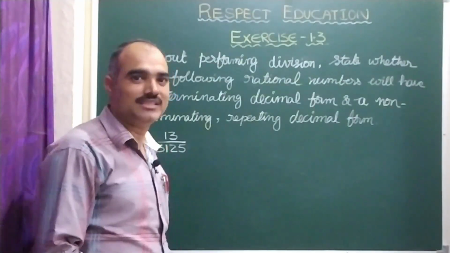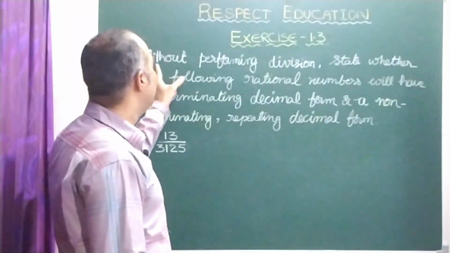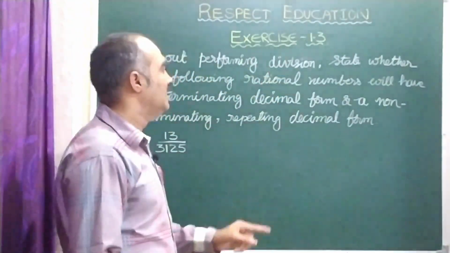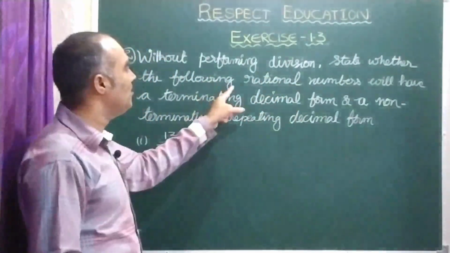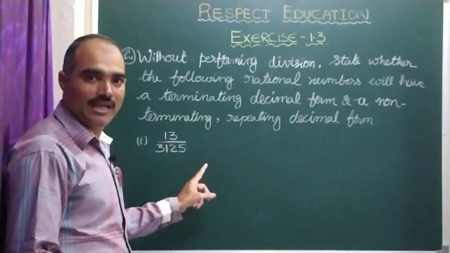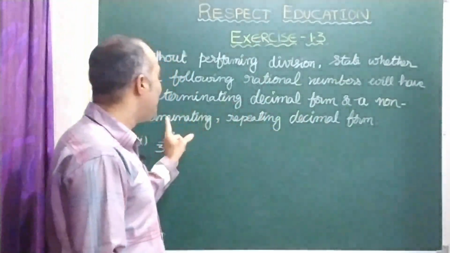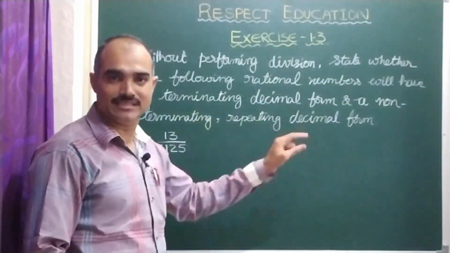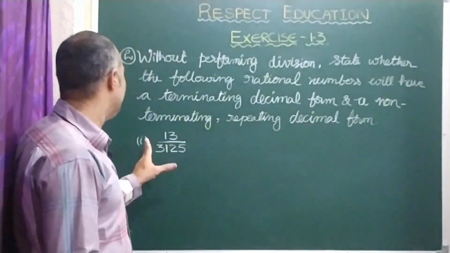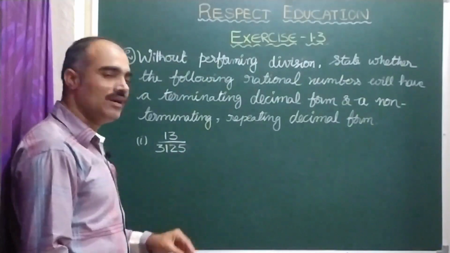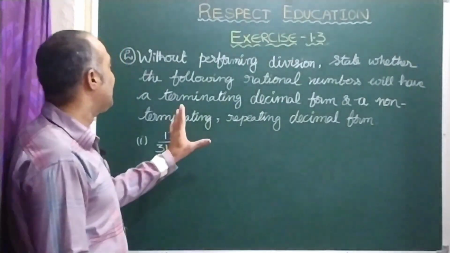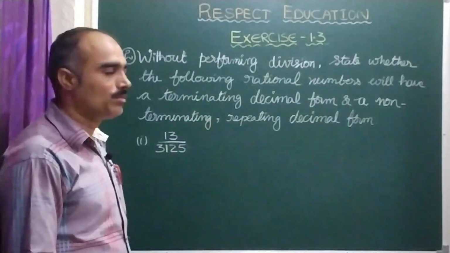Okay, let us see the next question, that is question number 2. Without performing division, state whether the following rational numbers will have a terminating decimal form or a non-terminating repeating decimal form. In this you see the first bit, 13 by 3125. Understand the question properly, children.